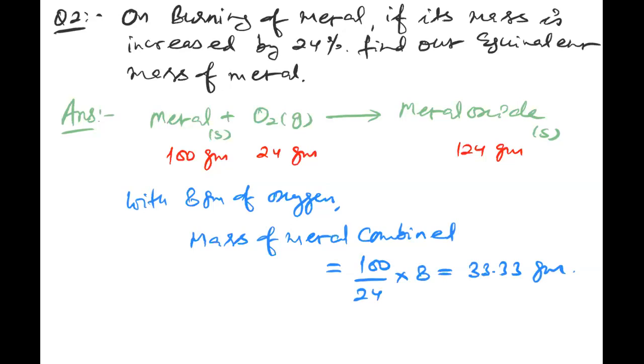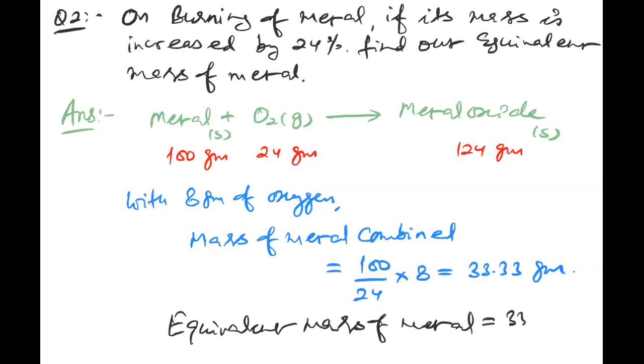This is the same as the definition of equivalent mass. So the equivalent mass of the metal is 33.33 gram.